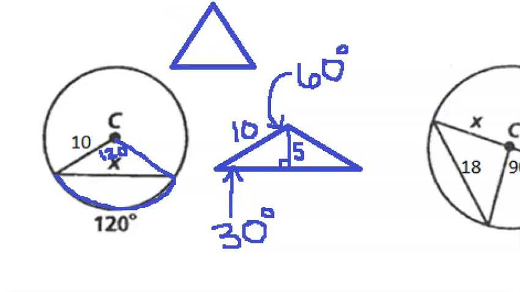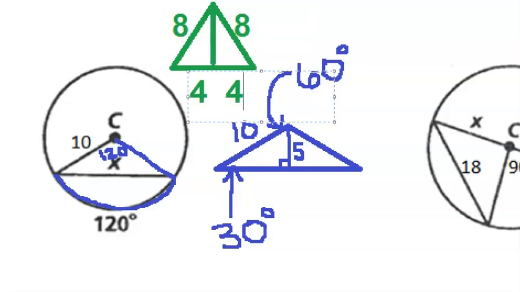So if you don't remember that rule from the past, if you have a side of 8 on an equilateral triangle, and then you have another side of 8, and then you chop the equilateral triangle in half, well, then obviously what you're going to have is 4 and 4. So that's where that rule came from. That's why we're going to use it.